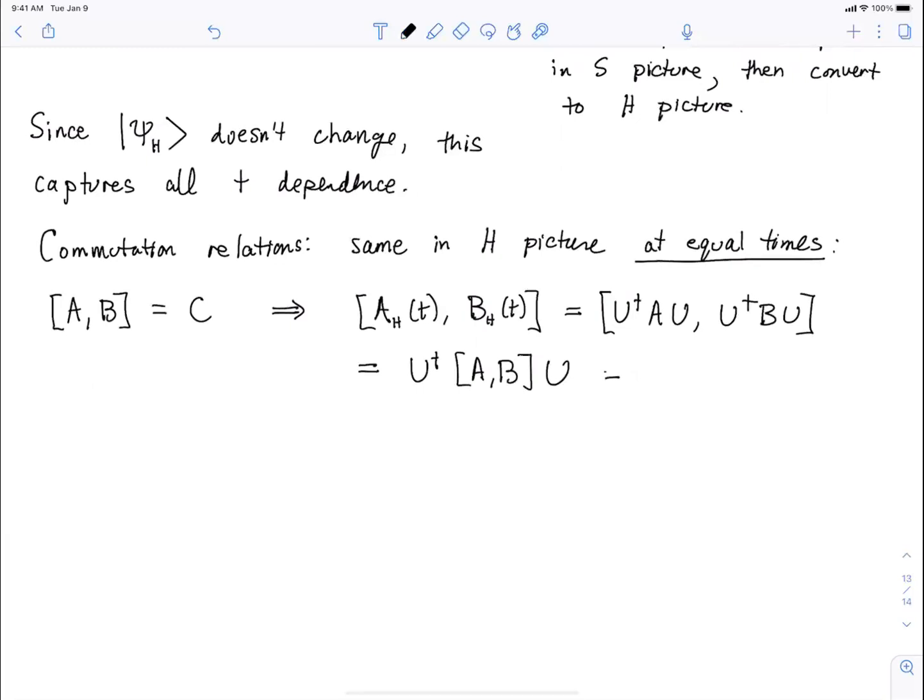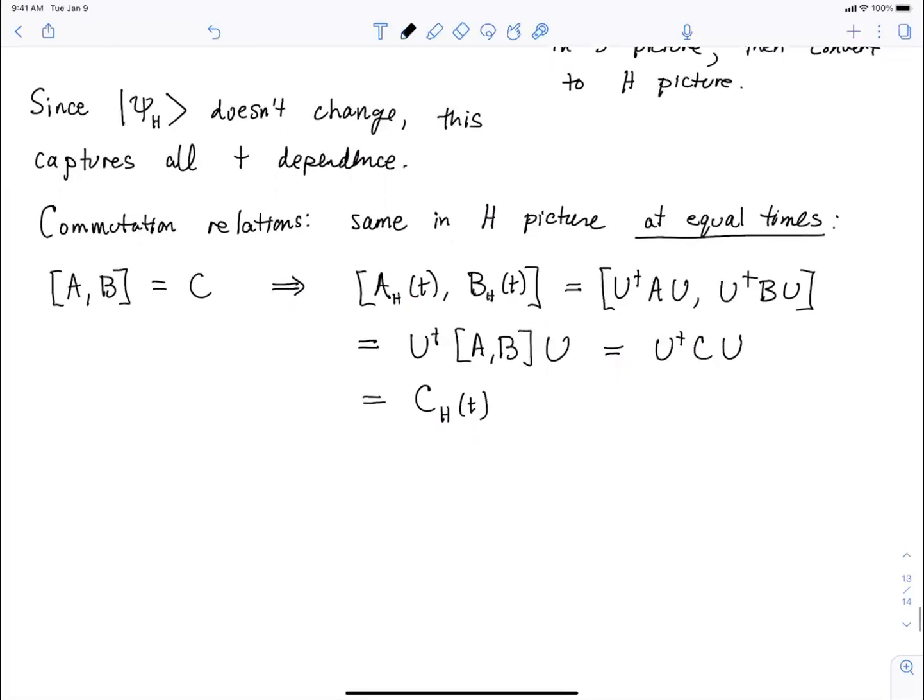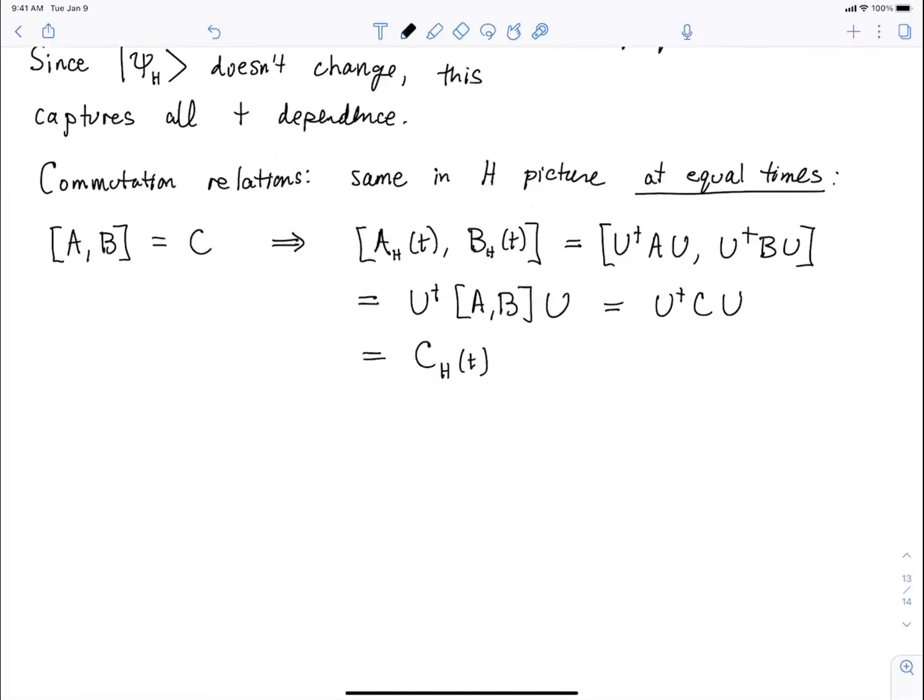And so that's equal to U dagger C U, which we recognize is equal to the Heisenberg C operator. Okay, so the commutation relations don't change as long as this t and this t are the same thing. So where this fails is if they're different.